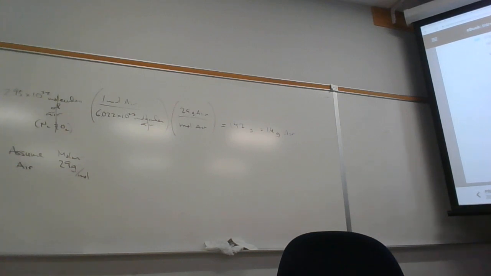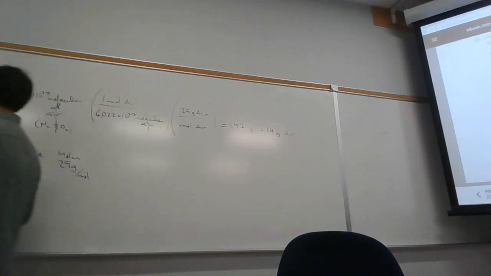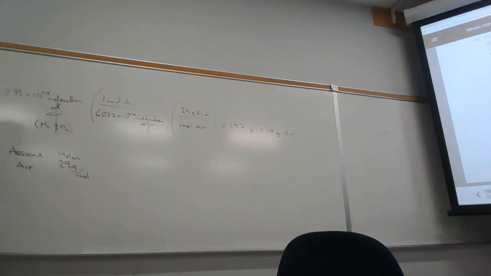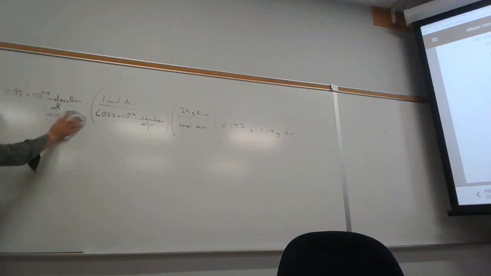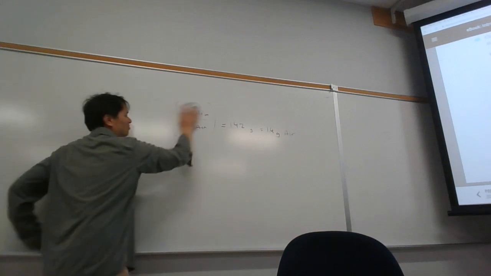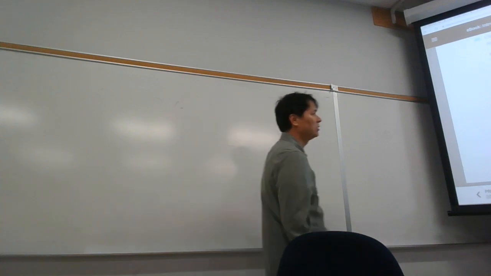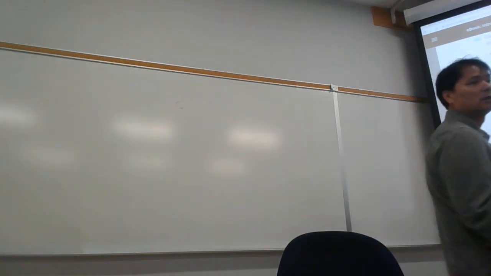So 5.62 times 10 to the 23rd molecules per mile, 25 miles per gallon. So what should I start with in this particular problem? Let's start with 25 miles. Should I start with 5.62 times 10 to the 23rd molecules per mile? Or should I start with the mass?